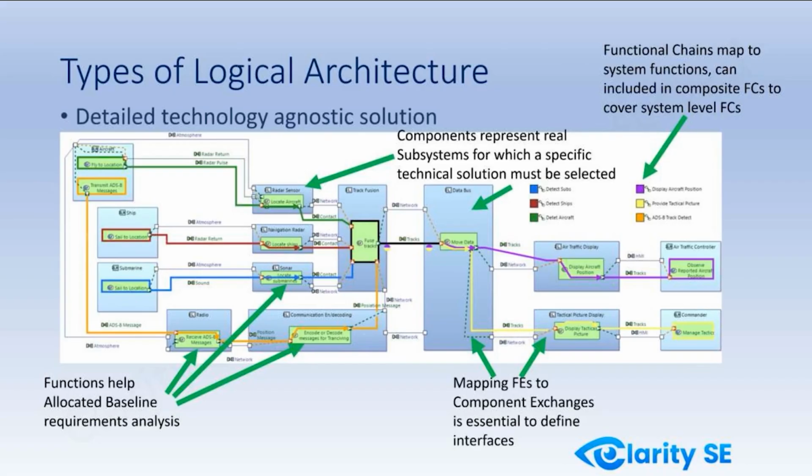But you can certainly work out a lot of the detail about how the system is going to work. So in this scenario, the functions now represent something that might fit better into an allocated baseline. So not the top level functional requirements, but now the next level down. We can see that the interfaces represent the interface descriptions between the different components.